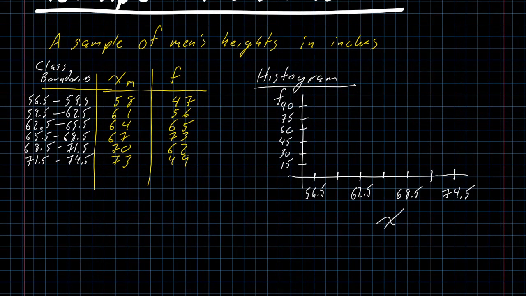So between 56.5 and 59.5, we had a frequency of 47, which is somewhere in the general vicinity of there.